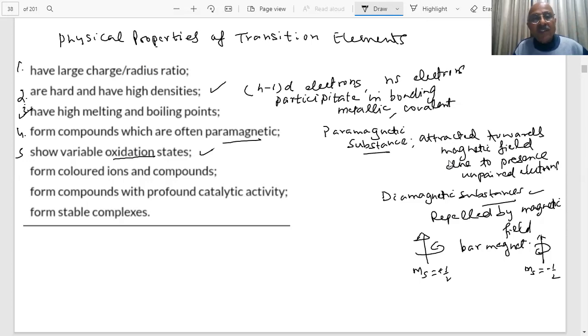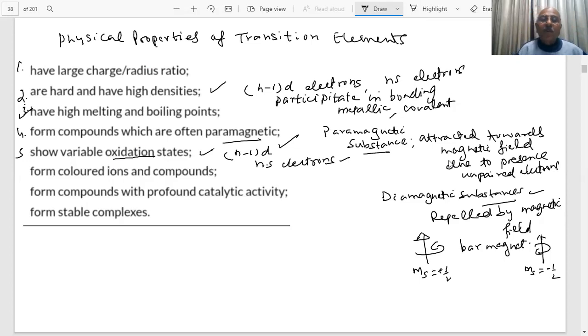Why? Because there are n minus 1 d electrons as well as ns electrons. So in the bonding, there is participation of both these orbitals, students. They have n minus 1 d, ns, and np orbitals also.